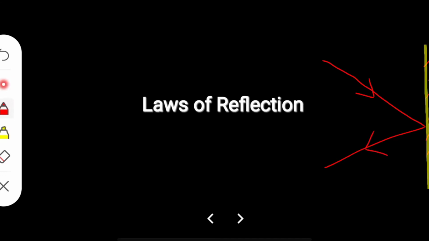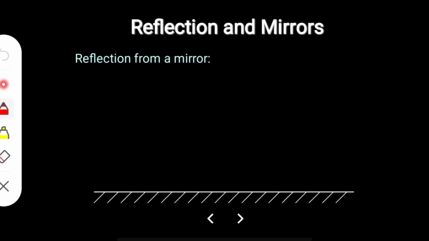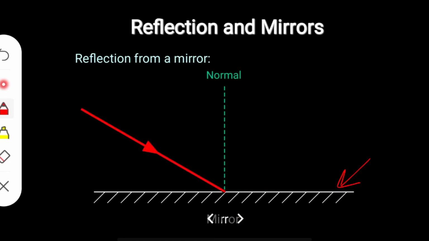So there are some laws. Let's understand what they are. First, for your better understanding, we have a mirror, this one, and when light falls on the surface, this is the normal. The light falls on the surface and gets reflected.